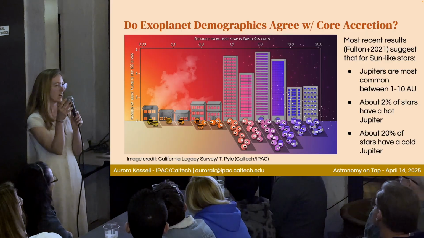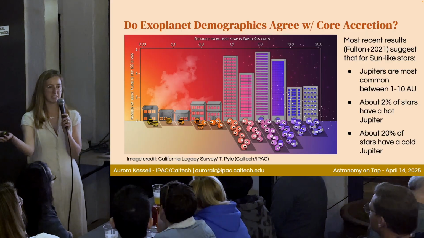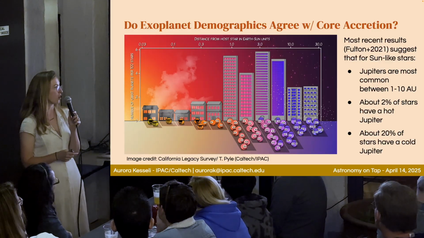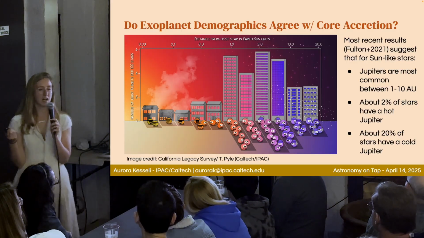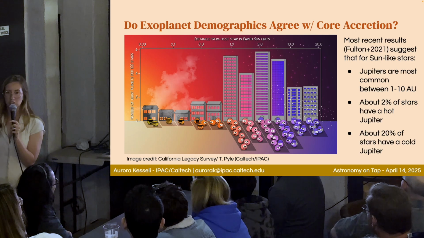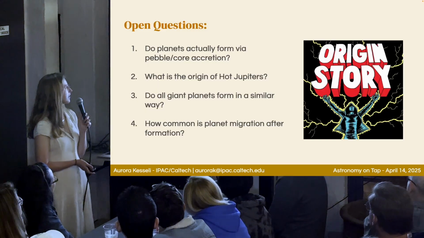So between Earth's orbit and about 10 AU, which is where Saturn is in the solar system, so between Earth and Saturn, that's where most of the Jupiter-sized planets are. About 2% of stars have these hot Jupiters, we think, and about 20% of stars have a cold Jupiter similar to the Jupiter that we have in our solar system.